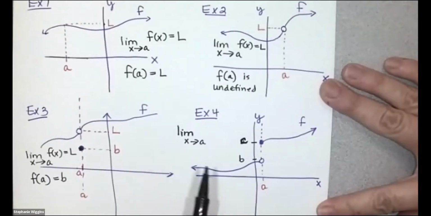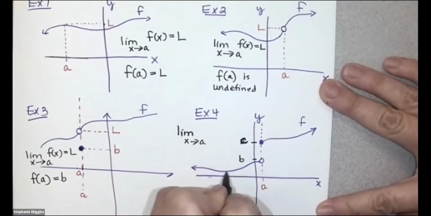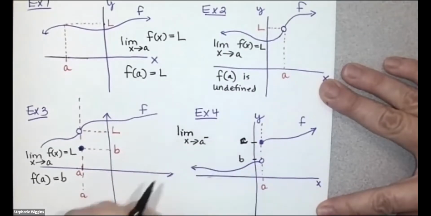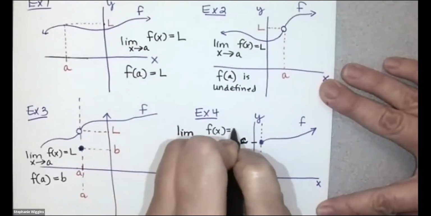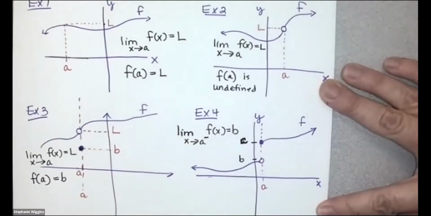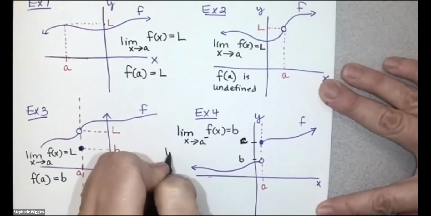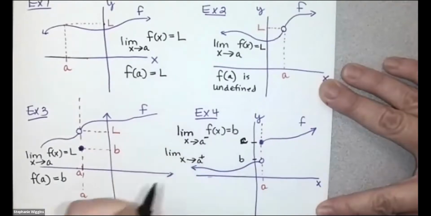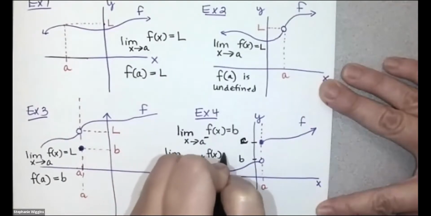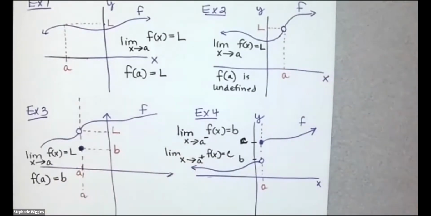So the limit as x approaches a, so here we are on the x-axis, from the left-hand side, now I'm going to put a little negative there, for my function f of x, that's going to equal B, okay? Whereas the limit as x approaches a on the positive side for our function is going to equal C.